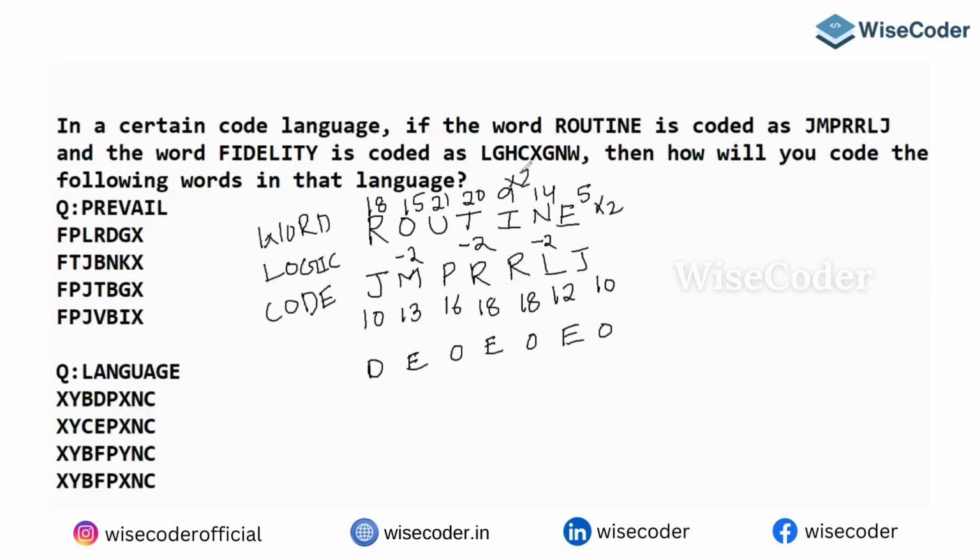9 twos are 18. But 21 into 2 gives you 42. By the way, what is the 42nd letter? I don't know, but let me figure it out. I can split 42 as 26 plus 16. The 16th letter is P. Yes, that's where my logic holds, so here also into 2.